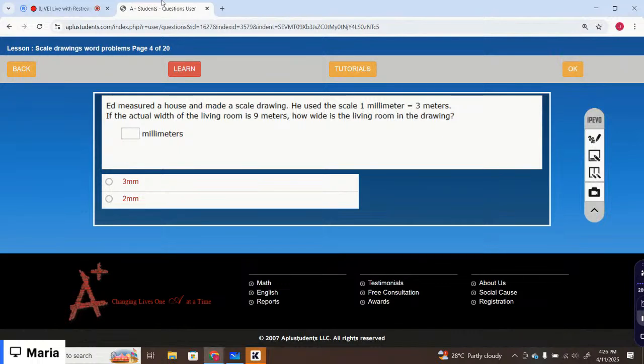That is 3 millimeters. Option number one is the correct option. 3 millimeters it is.